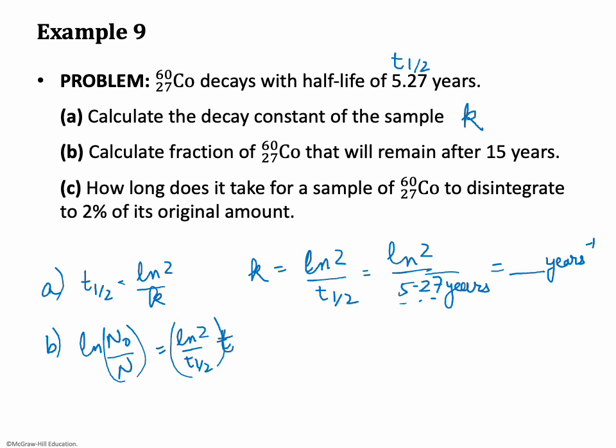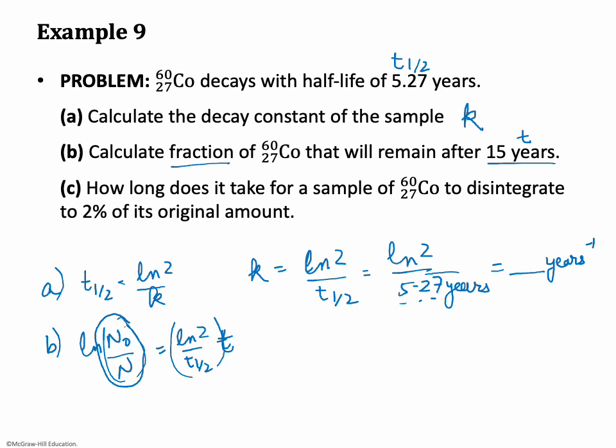So if you plug all these values in, because from here we would know what is t half, so take your t half from part A. t is given to you, 15 years, so that's my t, and we are just solving for N0 over N. We do not have to solve for one term, it's asking for the ratio. Fraction simply means I need the ratio, and this right here is the ratio. So we're just solving for this term right here.